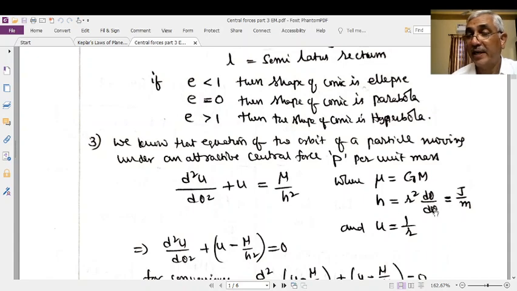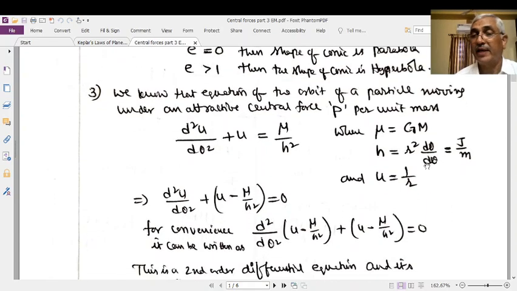It is d theta by dt here, not d theta by d theta. This is also equal to j by m, where j is the angular momentum of the planet and m is the mass of the planet. And already we know u is equal to 1 by r. Please remember all these three substitutions, which will be helpful as tools in the further derivation.